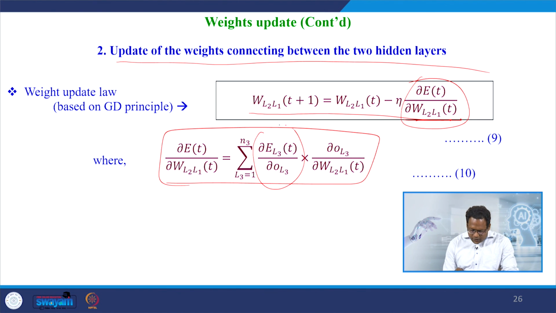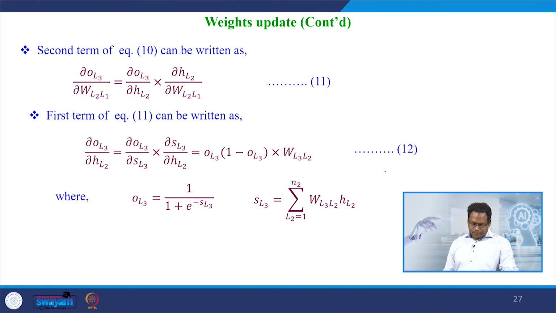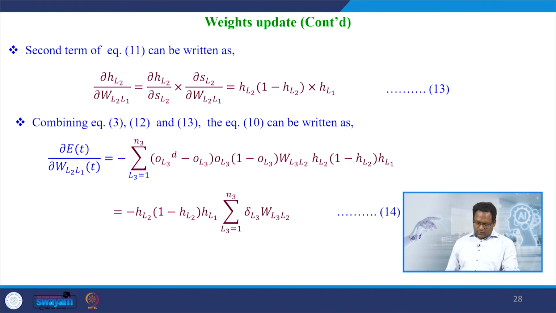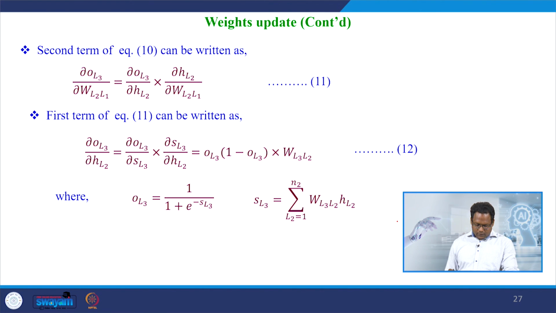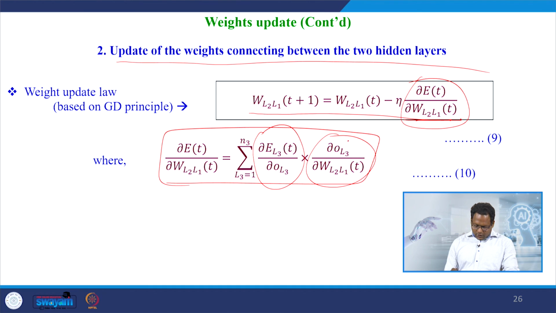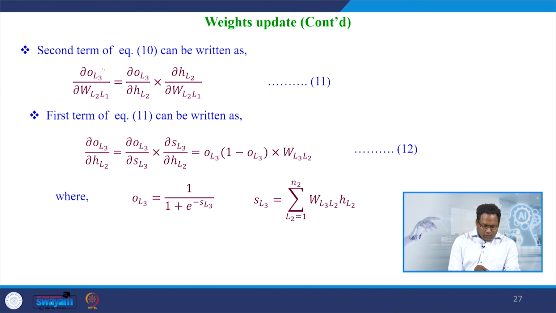where we need to expand these two expressions, that is ∂EL3 of t/∂OL3 and ∂OL3/∂WL2L1. Let us take this expression first. ∂OL3 with respect to ∂WL2L1 is given by ∂OL3 upon the output from the L2, into the output from the L2 upon ∂WL2L1.